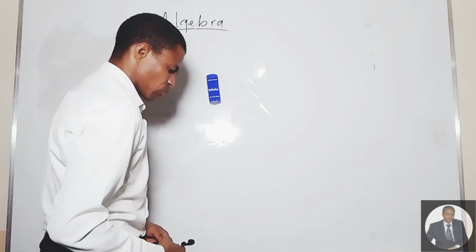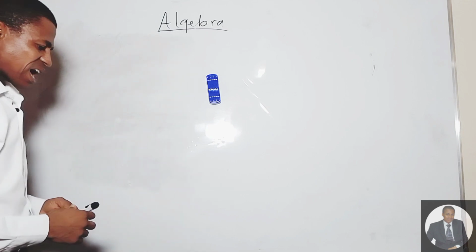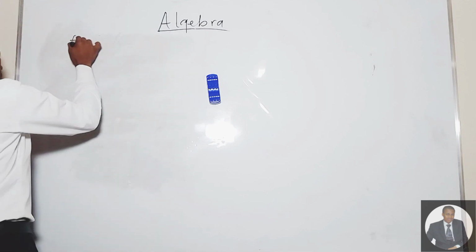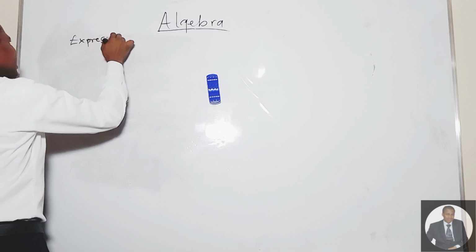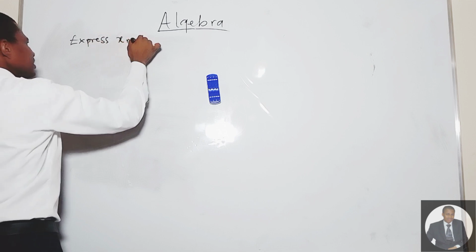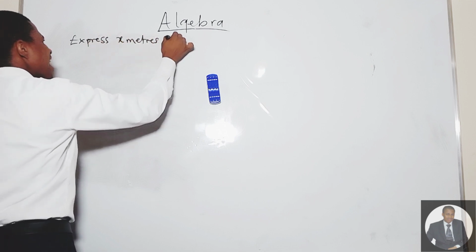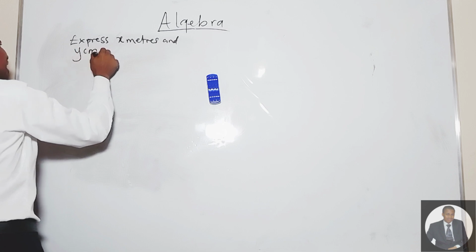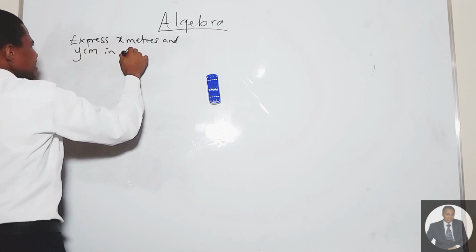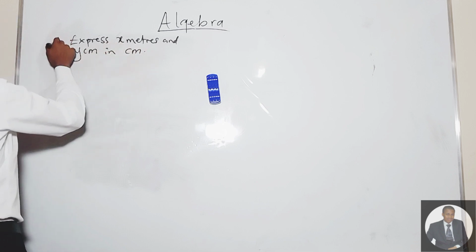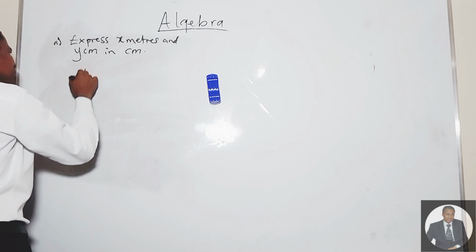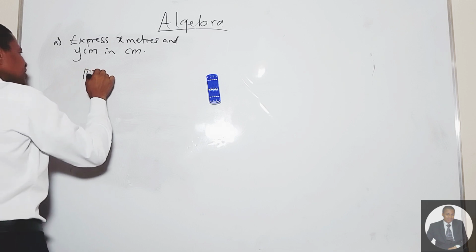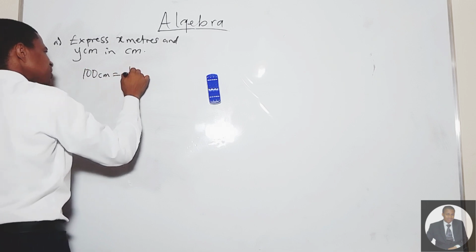Now let's look at another question. Express x meters and y centimeter in centimeter. How do we do this? We know that 100 centimeter equals 1 meter.